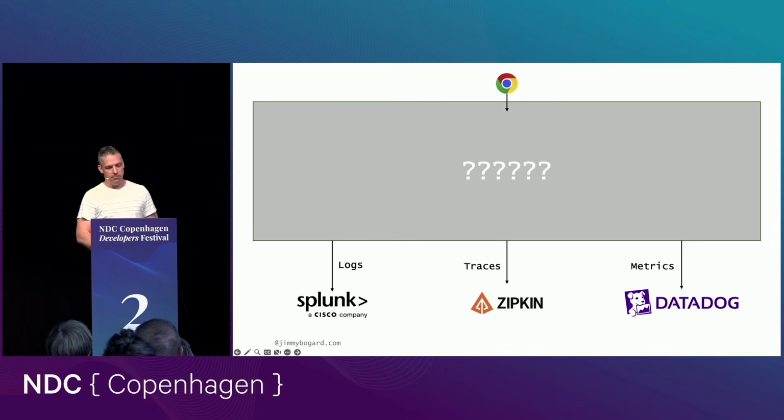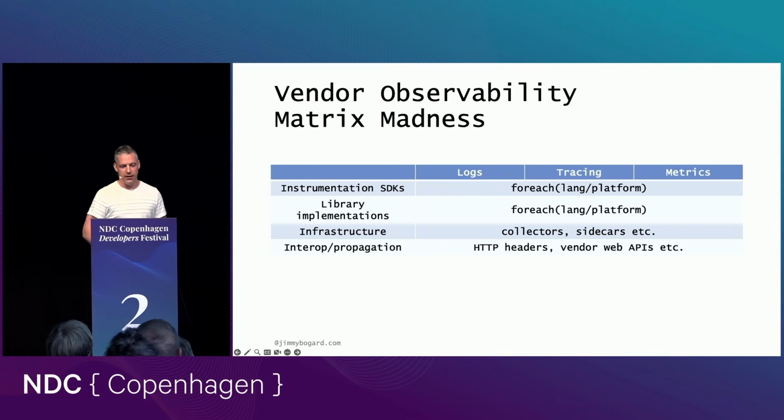So previously, before OpenTelemetry, you'd have this matrix madness where I would have these different telemetry signals, logs, traces, and metrics. And if I wanted to introduce telemetry to one of those things, I had to worry about the different SDKs that were possibly available.